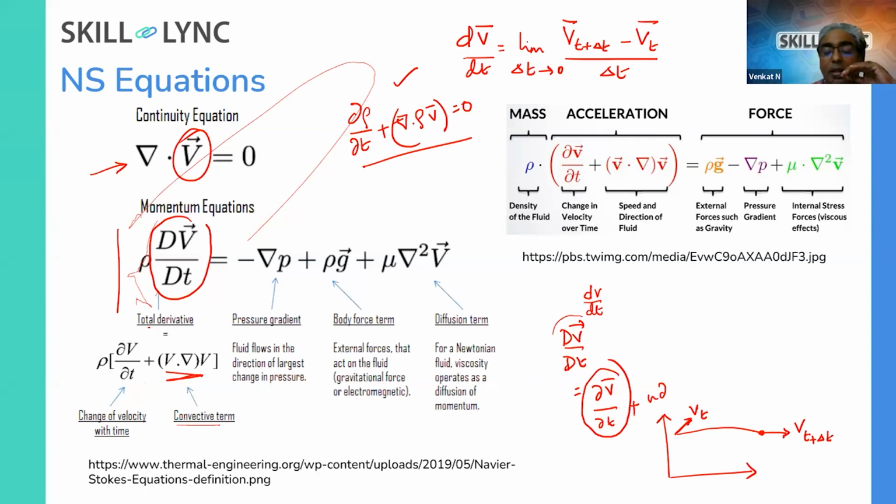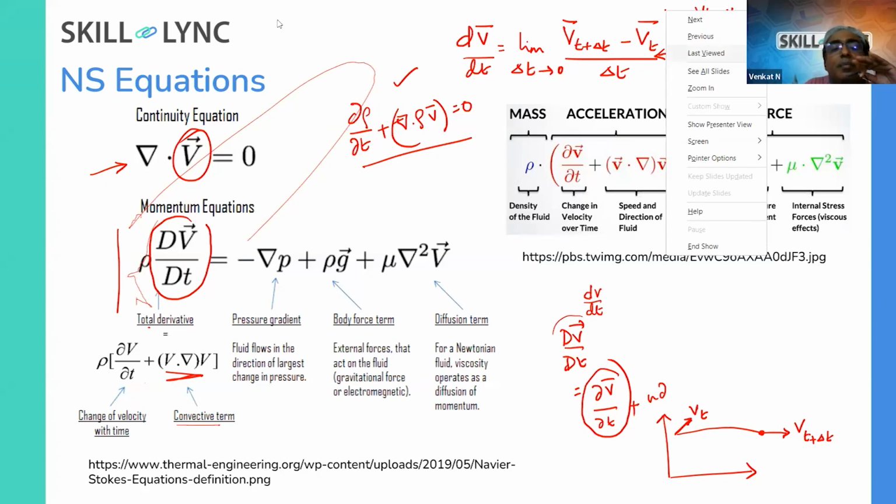Here we are subtracting two vectors, not scalars. For example, V(t plus delta t) was like this, and V(t) was like this. When you subtract, this is the vectorial difference.